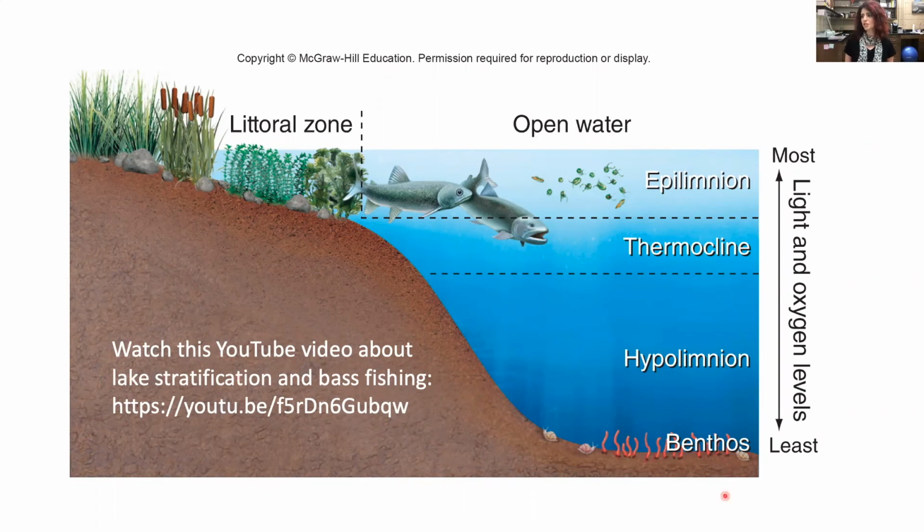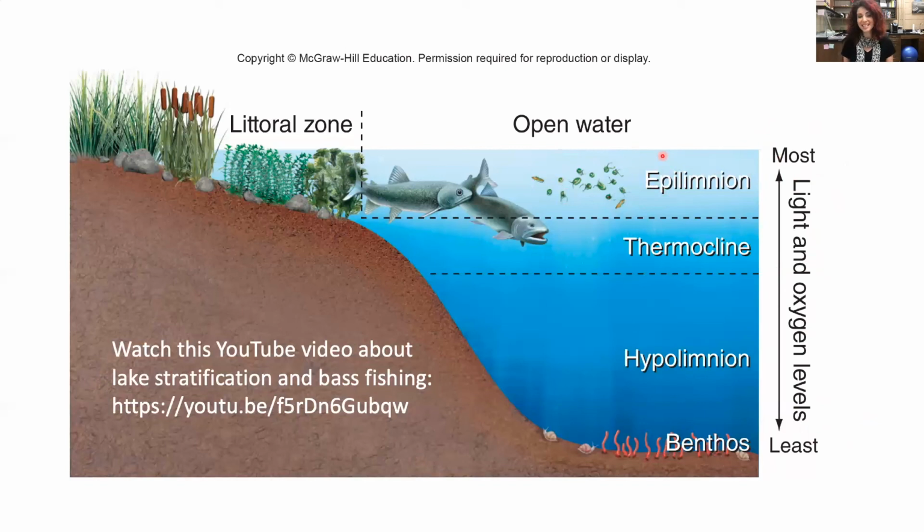So here's just a cartoon explaining what those different zones look like in a lake. And so here we have light and oxygen levels on this axis, with the most light and oxygen at the top, the least light and oxygen at the bottom in the benthic zone. The oxygen changes because in the top surface waters, you have photosynthesis happening.